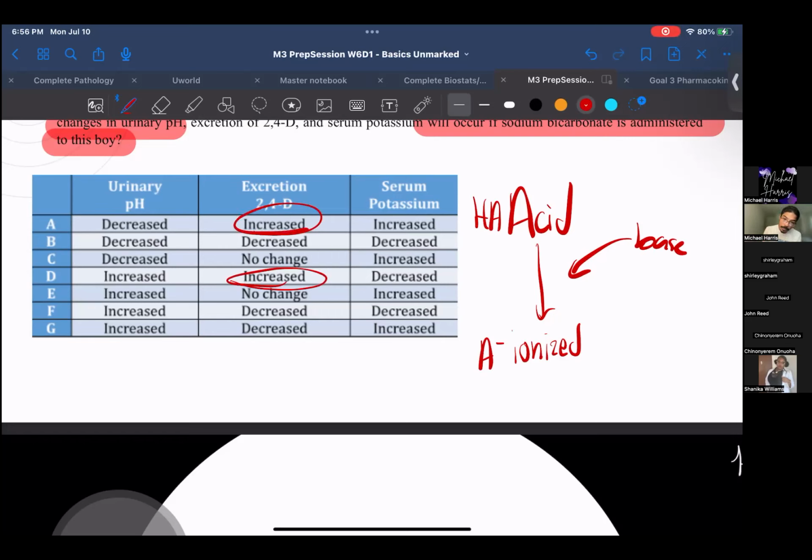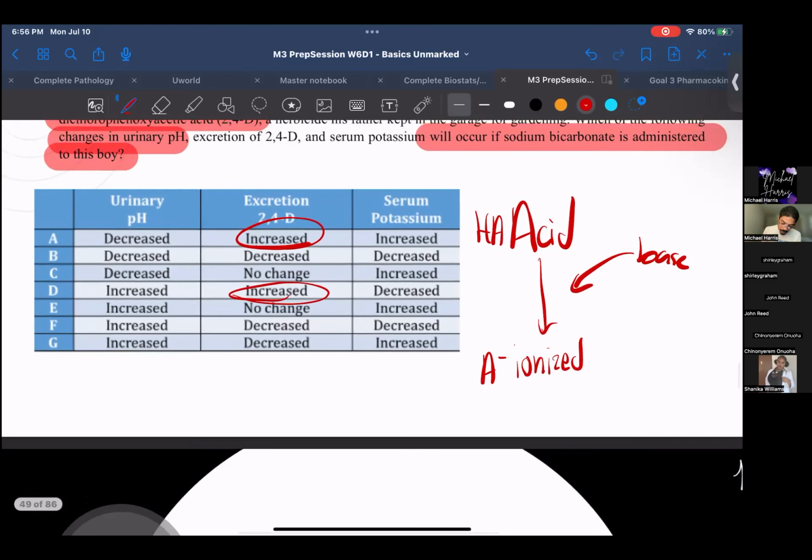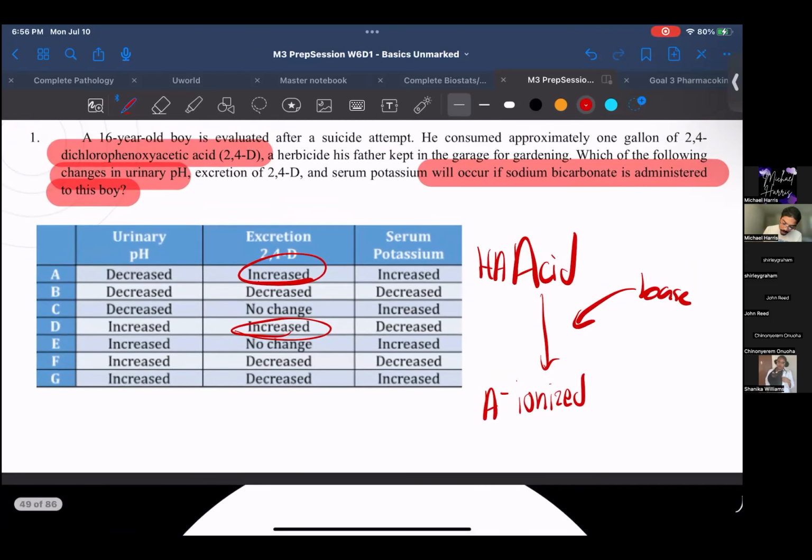Okay. Now, they also want to know what's happening to serum potassium if you give sodium bicarbonate. So with this one, it's a little bit more complex with potassium, but essentially you're looking at the hydrogen ions.